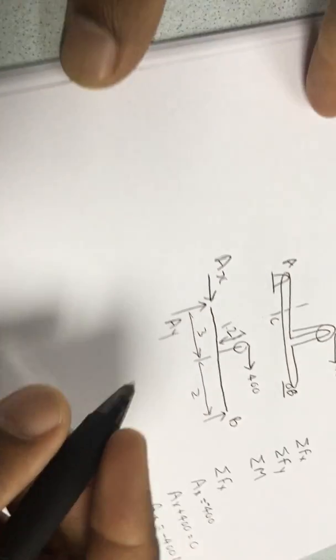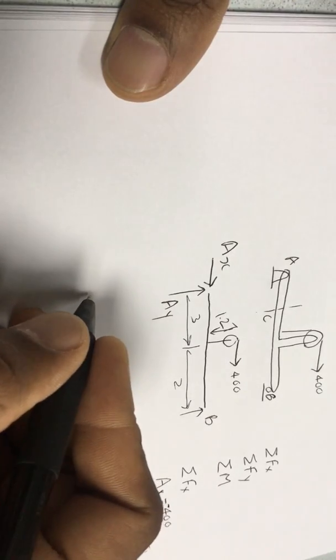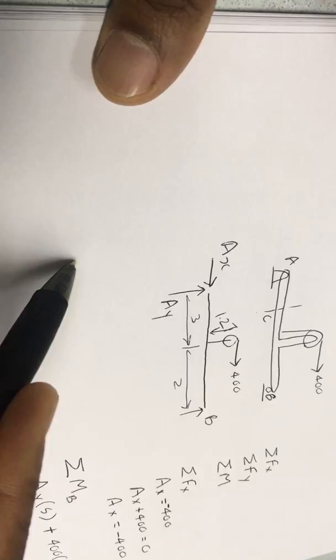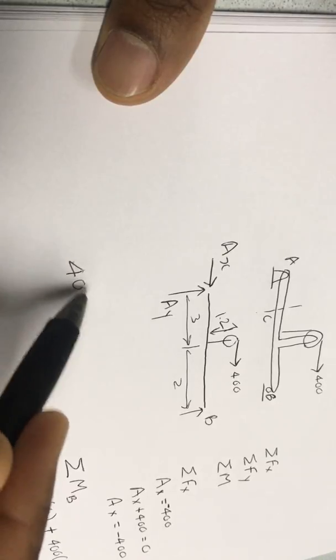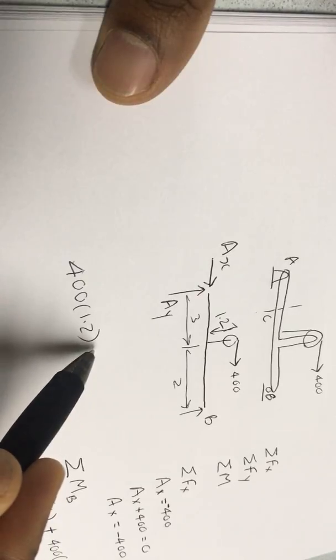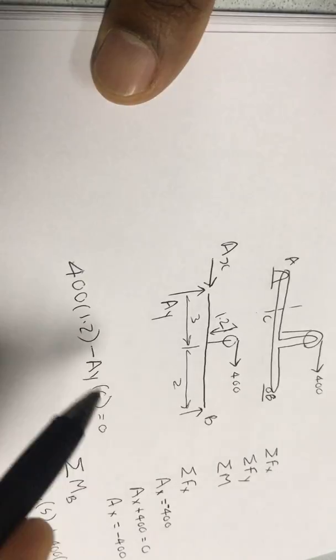I'm not sure if that's coming across very clearly. Oh boy. I'm a novice at this, so you have to bear with me, right? 400 times 1.2 minus AY times 5 would give us 0.